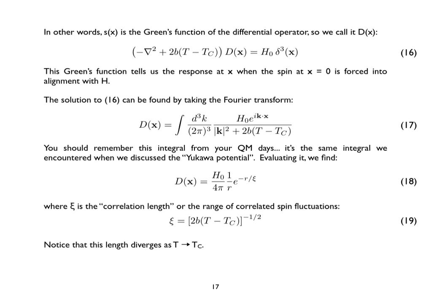You can do the integral for the Green's function, and you get something that's exponentially damped. And actually, it looks like the Yukawa potential, right? It goes like 1 over r and then e to the minus r, right? Which is what we talked about. It's kind of a screened Coulomb potential, right? And this parameter c is what they call the correlation length.